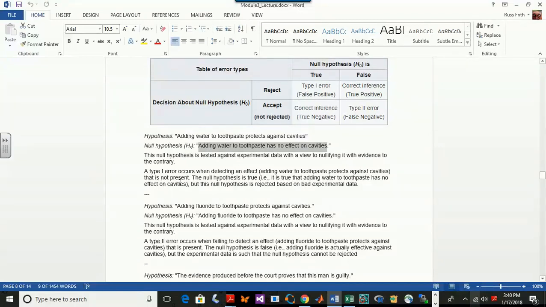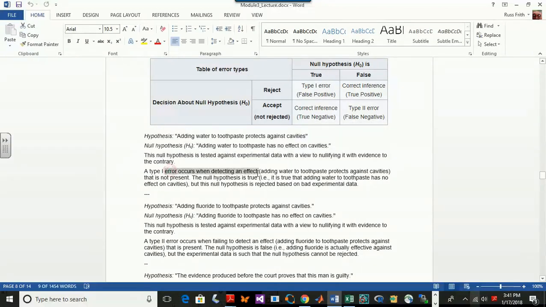Now, what is a type 2 error? Let's see, if this is false and you accept it, then that's a type 2 error.